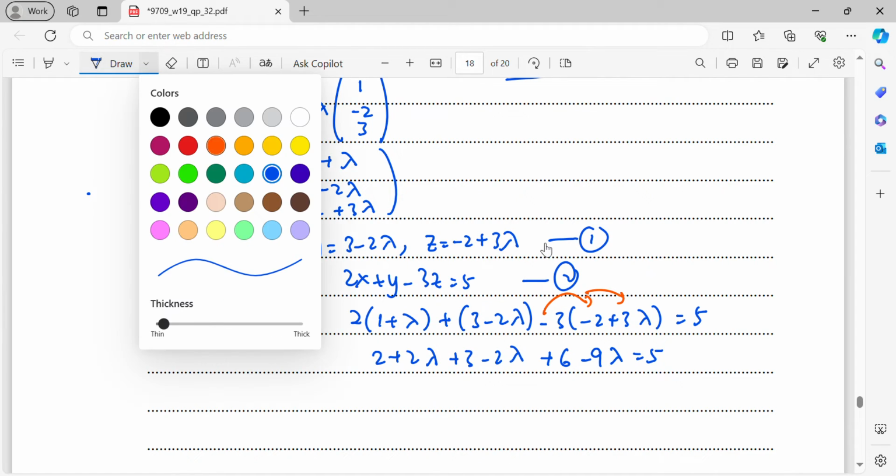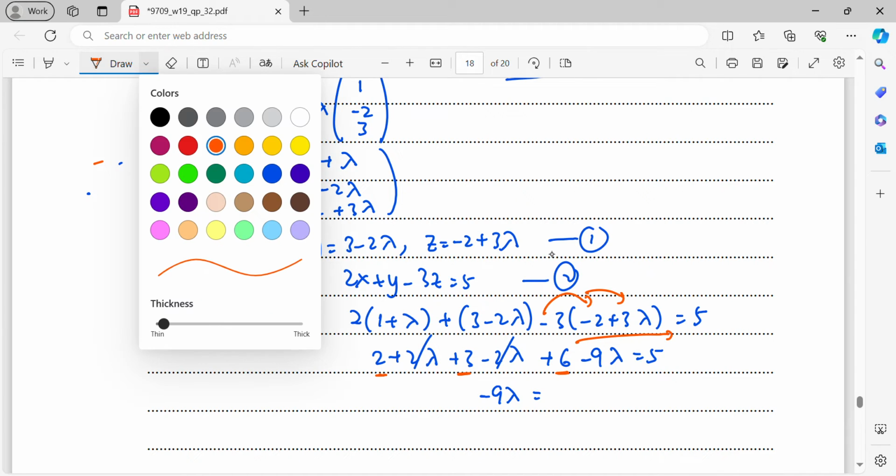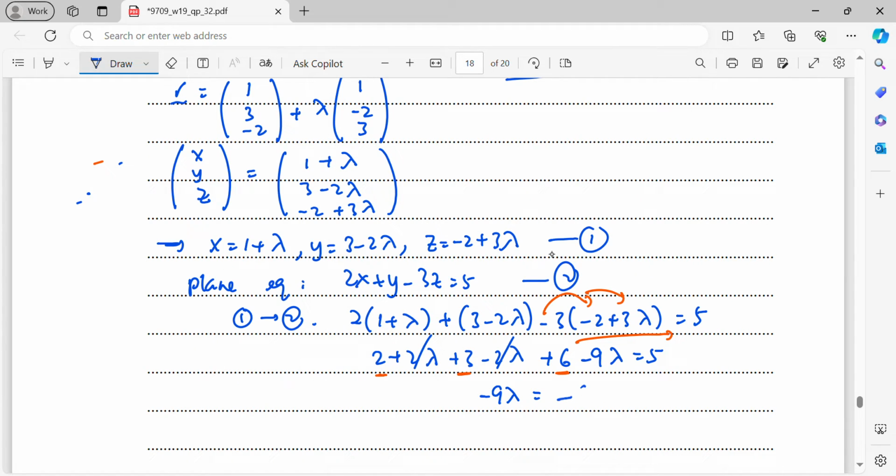So simplify first. 2 lambda minus 2 lambda is 0. Then I get minus 9 lambda, and then the rest of the terms just move to the other side. This is 5. 5 plus 6, 11. Move it to the left side. So 5 minus 11 is minus 6. Therefore, my lambda is minus 6 over minus 9, which is 2 over 3.